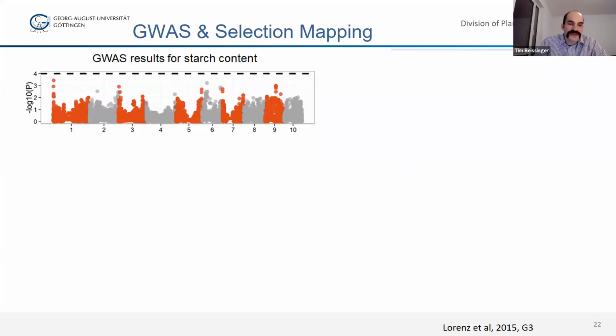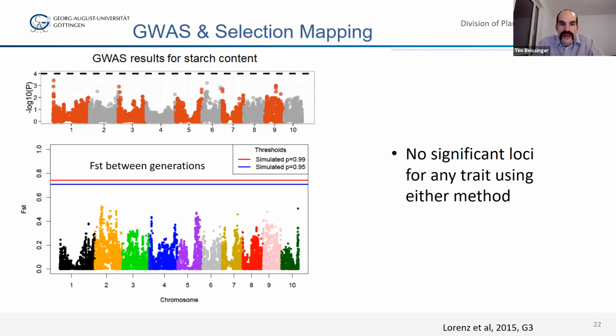So then we thought, well, it's a selected population. We could use selection mapping where we compare allele frequencies before and after selection to find out which genes are playing an important role in the population's improvement. But no, we couldn't. Once again, we failed to find any significant associations between markers and selection.